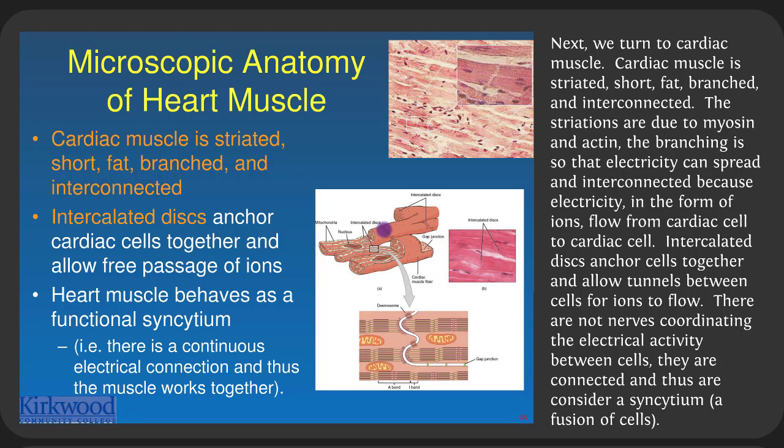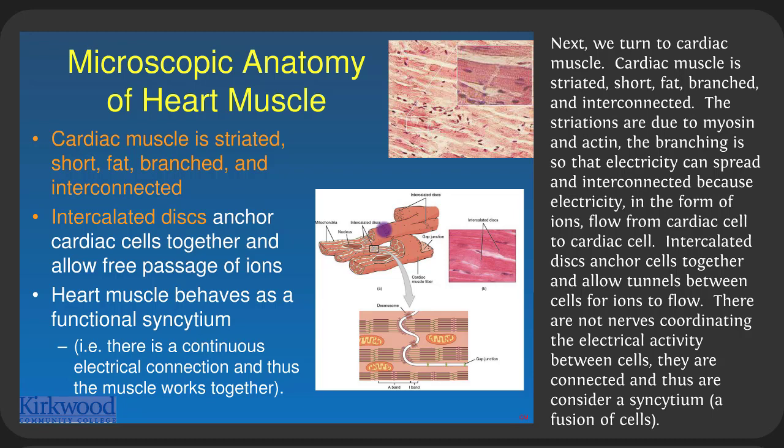So intercalated discs anchor cells together and allow tunnels between cells for ions to flow. There are not any nerves coordinating the electrical activity between cells in the heart. Of course, there are nerves that are modulating the heart, slowing it down and speeding it up, but it's not nerves running through the heart that allow it to contract as a unit. It's that the ions flow from cell to cell to cell through the intercalated discs.